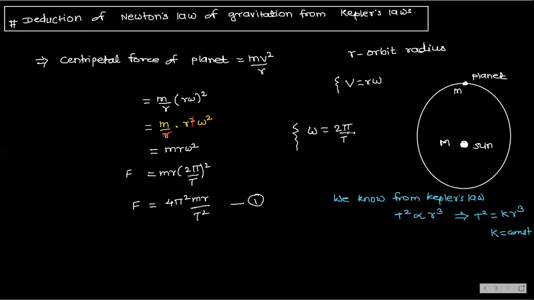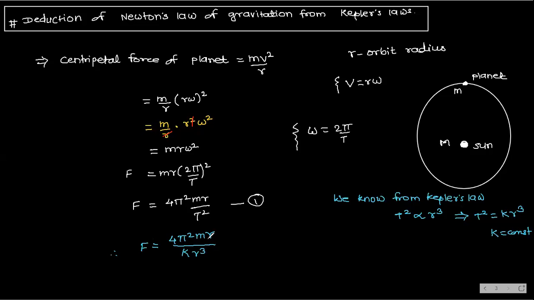Akhilesh, is it clear? Yes, sir. Shall I substitute k r cube in place of T square? So F is equal to 4 pi square m r divided by k into r cube.